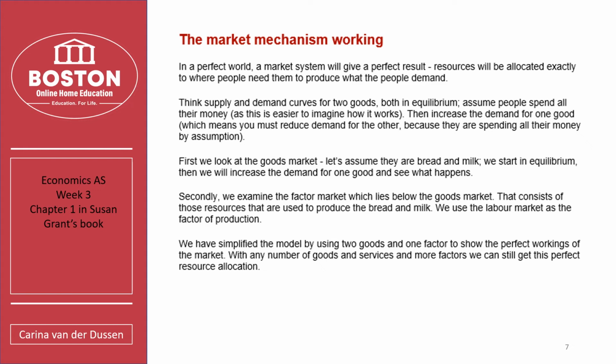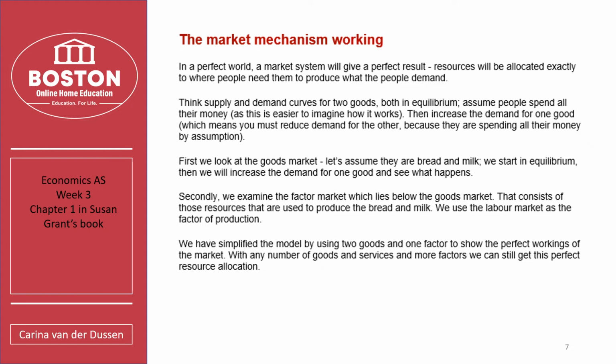We've got one economy. There's this amount of people. They're working. We've got only two goods. And we assume that all the people spend all their money. And then let's look at what happens if demand changes in the market.